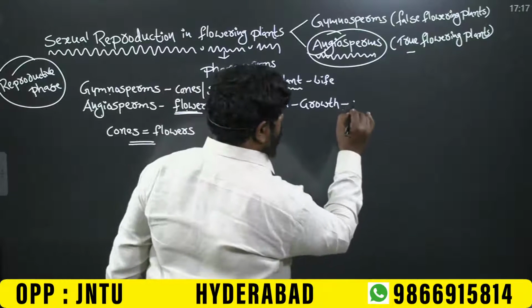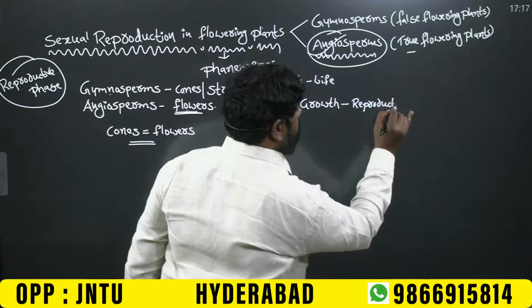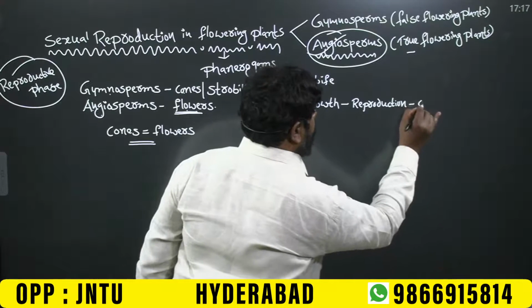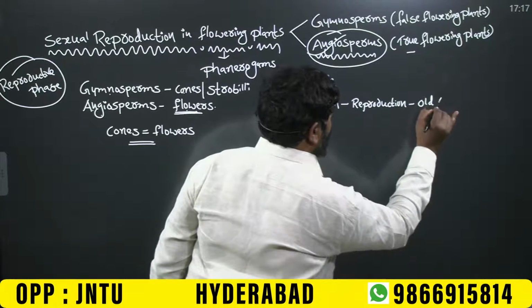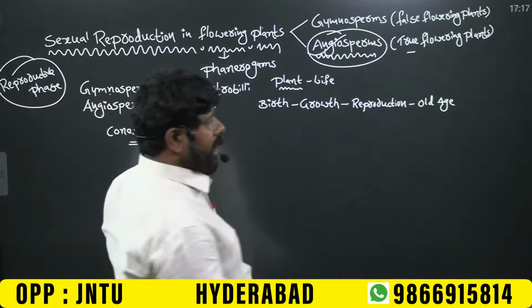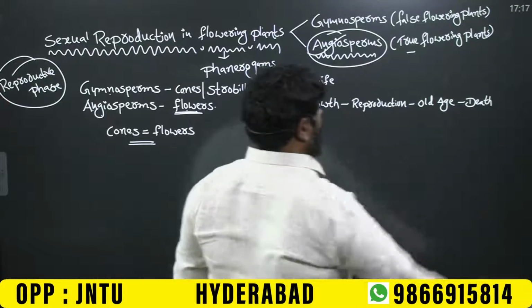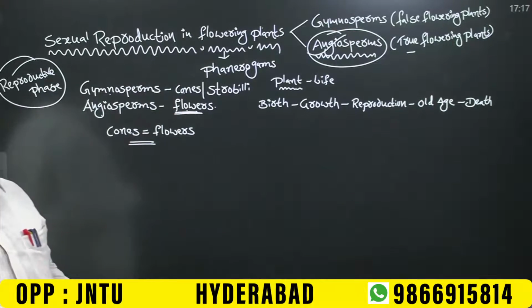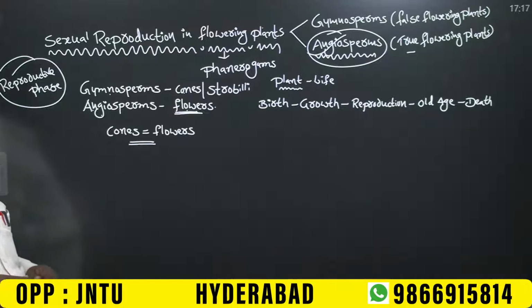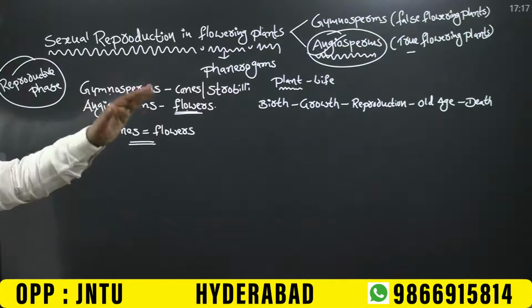After the growth, they participate in reproduction. After the reproduction, that plant will get old age. Finally, that plant undergoes death. There are 5 phases present in the life cycle of a plant. First, plant life starts with birth, then growth, then reproduction, then old age, finally death.